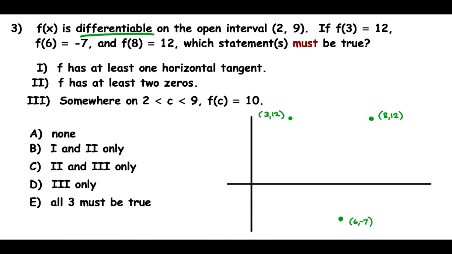But even if (6, -7) is not the minimum, it has to turn around somewhere. Maybe it hits it on the way back up. There must be a place where it turns around. And that place has to be curvy. It can't be sharp because the function's differentiable. So yeah, Roman numeral 1 must be true all the time. So that's in, which means that choice A and D are out.